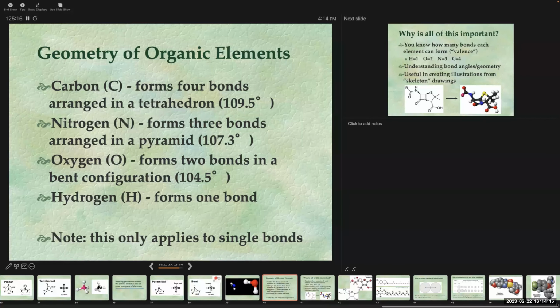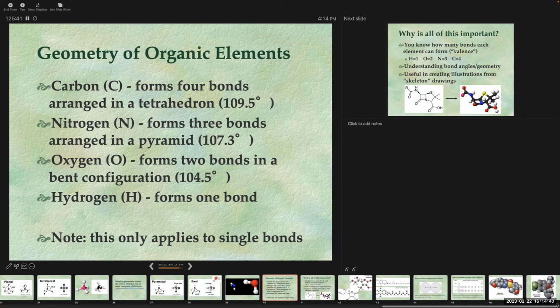So carbon always forms 4 bonds. Those 4 bonds are arranged in a tetrahedral configuration with equal angles of 109.5 degrees. So again, this doesn't matter if it's just carbon in the middle of something simple like methane, or if it's carbon in the middle of a long chain of carbon atoms, they're all going to have that tetrahedral arrangement with these 109.5 degree angles.